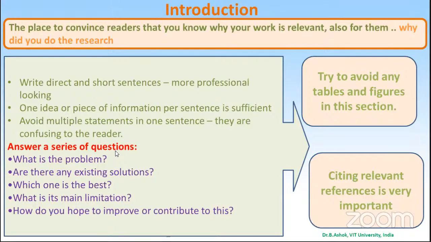In the second paragraph, you can start with what is focused towards your work or your topic. That is around, as I told you, 1200 to 1400 words, so you can equally split it into four paragraphs. Paragraphs 3 and 4 will be the literature survey.